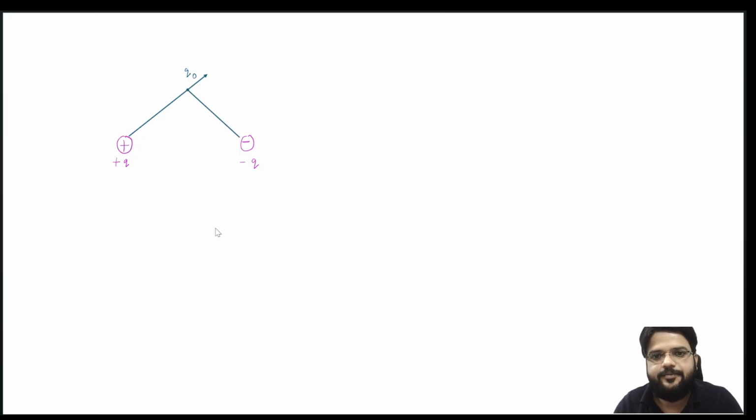So it is attracting. Okay. So now the electric field due to this plus q is in this direction, and due to this one it is here. Now we will resolve it, so we have two components here and here.